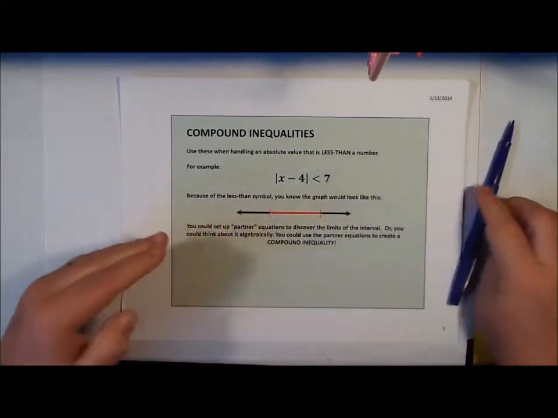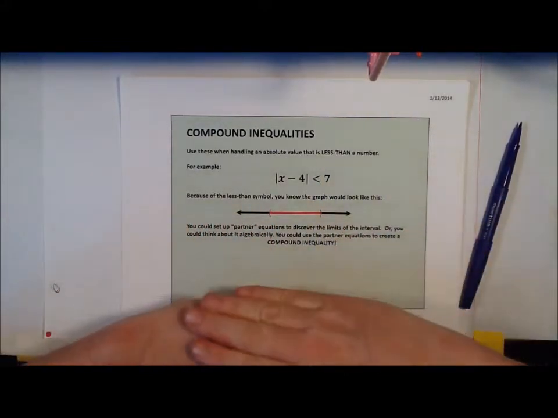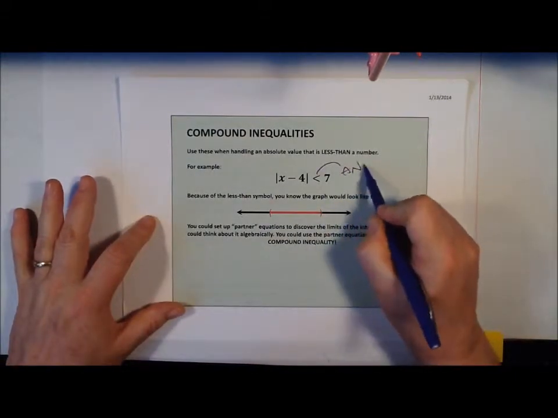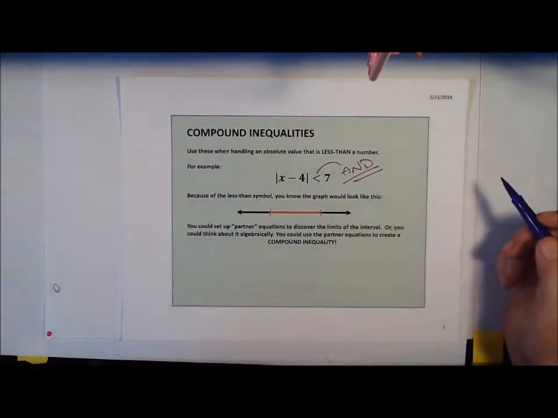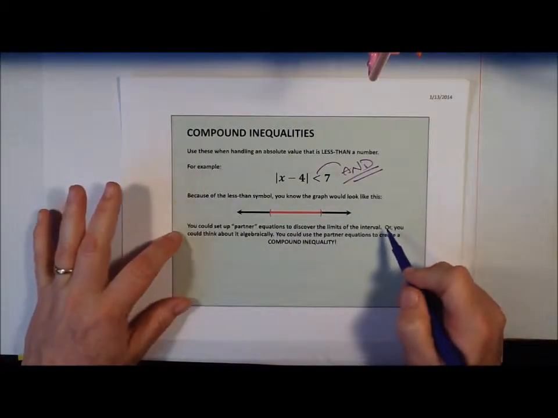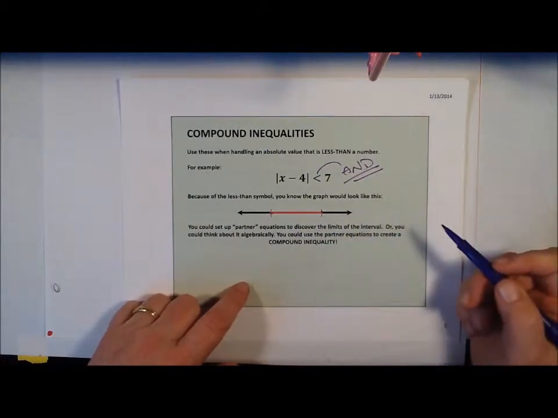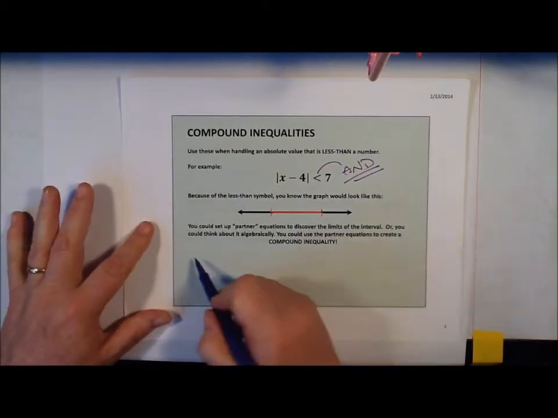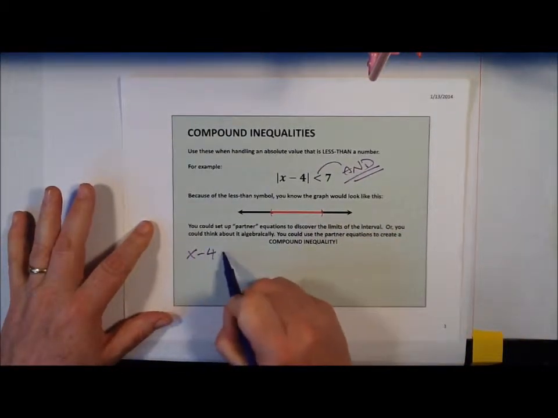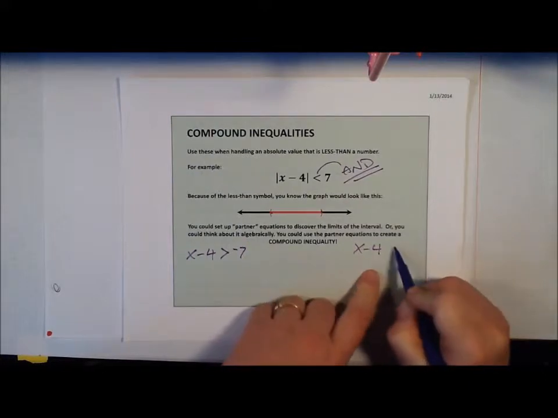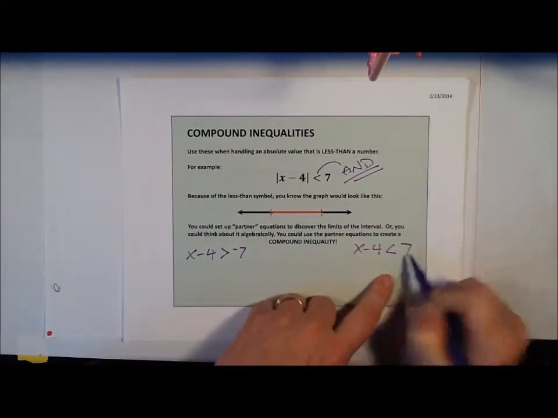Because the less than means it's this and this. It's a combined thing. Less than tells me "and." Now, you could set up partner equations to discover what these limits were for the interval, and we've done that before with x minus 4 is negative, or x minus 4 stays the same.